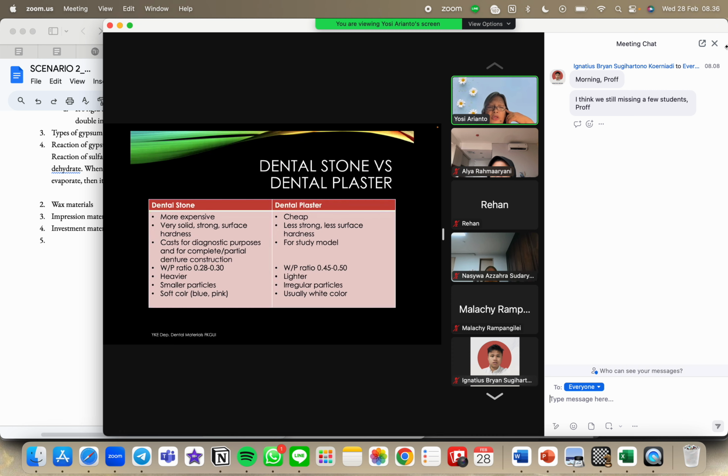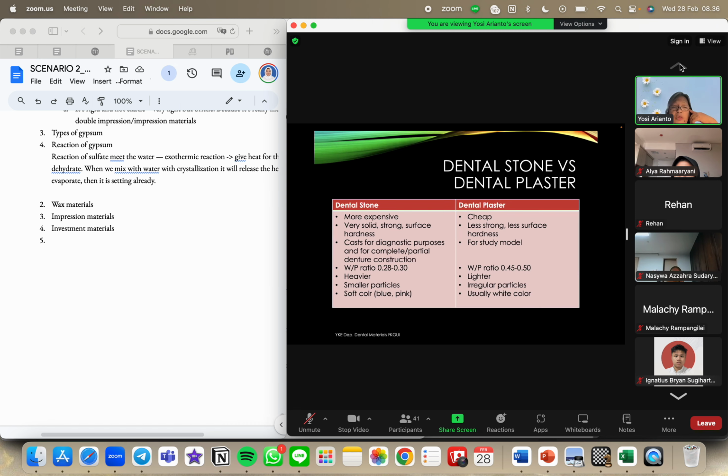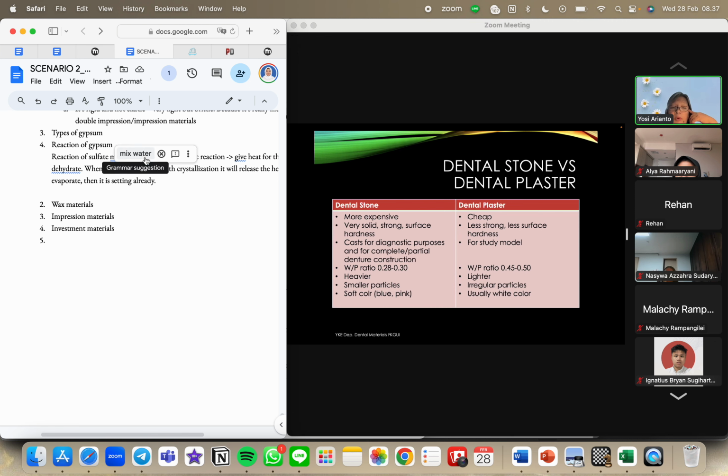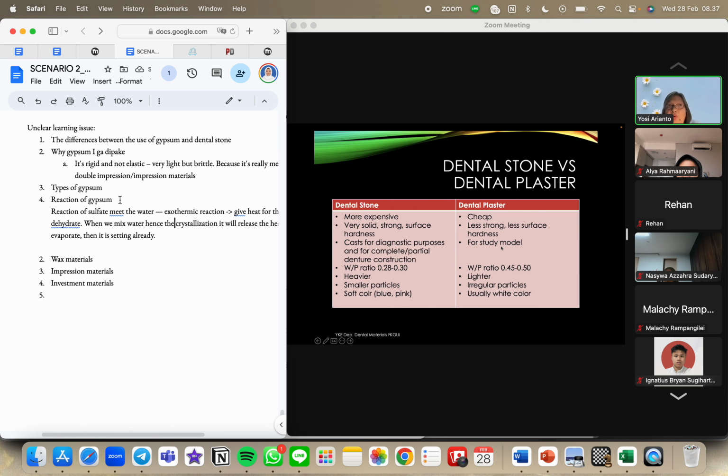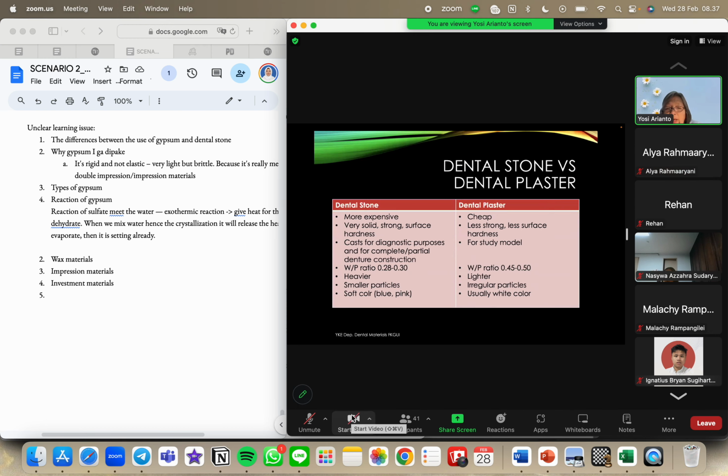It should be very strong so it can resist abrasion from the sharp instruments used for carving. But dental plaster is usually for study models or the base when you use the articulator, not for working models.